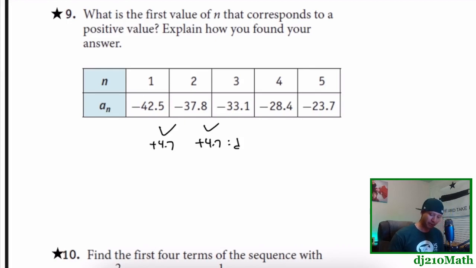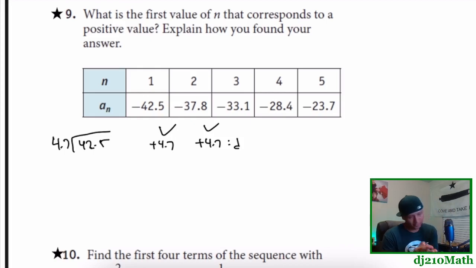So I wonder how many 4.7s are in 42.5. That's how many times we're going to have to add it. Let's think about that, right? Because I know that I'm starting at negative 42.5, and I'm adding to it 4.7, and then another 4.7, and then another 4.7. So I want to see how many 4.7s I really have to go.